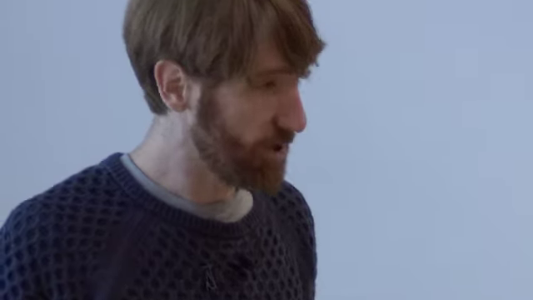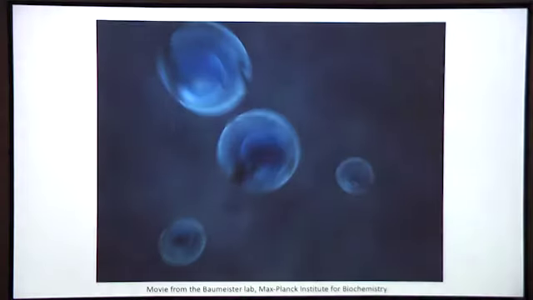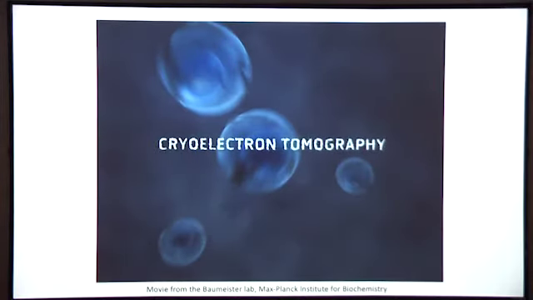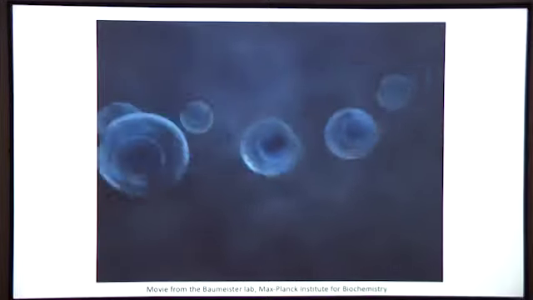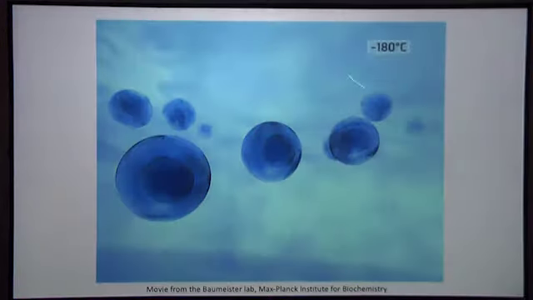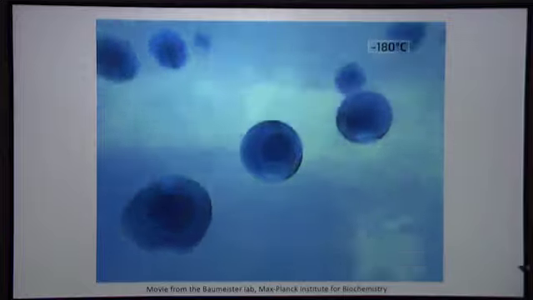I'm going to show a short movie from the Baumeister department, which illustrates the process of tomography. Here are, in this case, virus particles that are happily floating around in some kind of buffer solution until they're dropped into liquid ethane and freeze instantaneously, effectively.